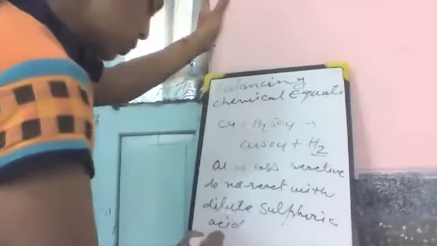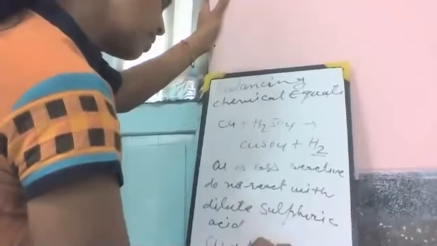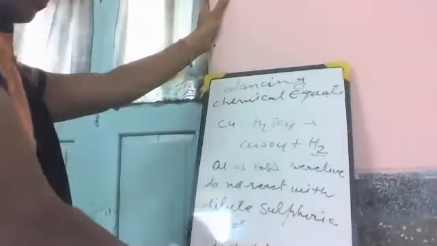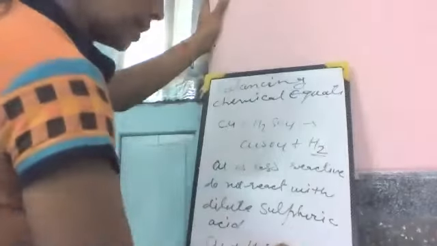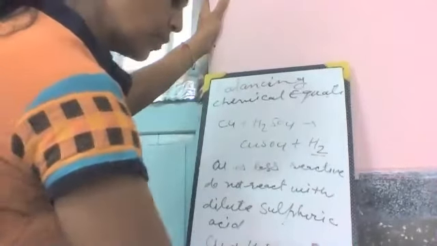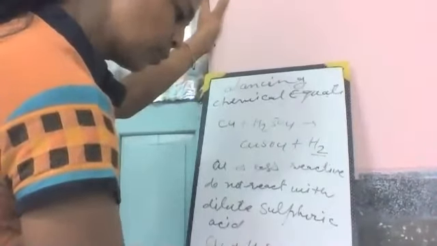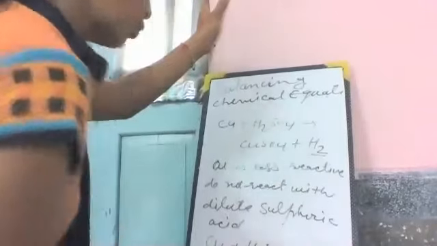So to write it, copper reacts with sulfuric acid, it gives CuSO4 plus SO2 plus H2O.